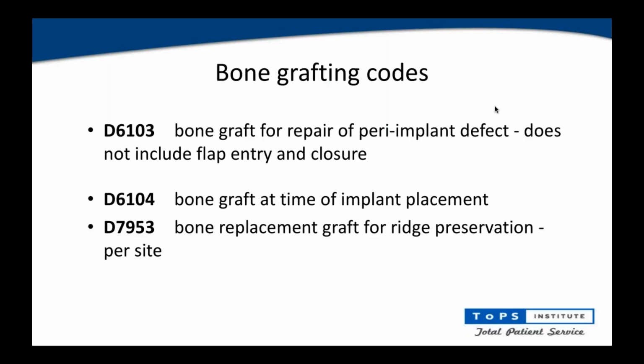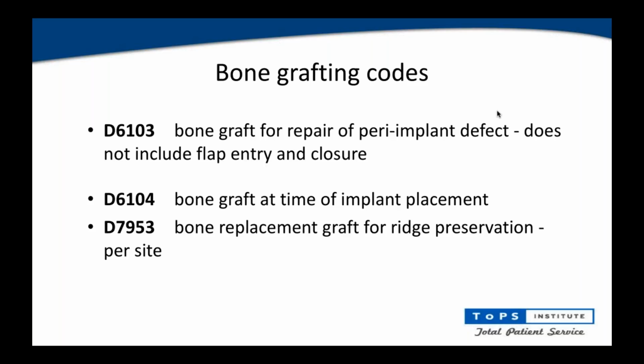We talked about bone grafting with endodontics, so now let's talk about bone grafting in our periodontic area or with our implant area. So the 6103 is a great code for utilizing defects, bony defects.